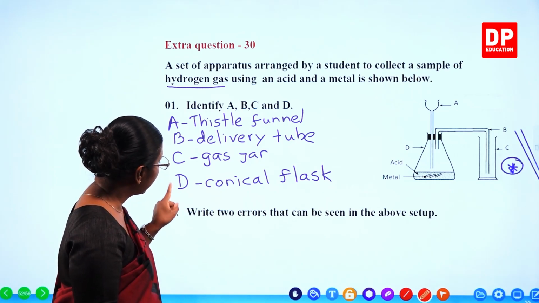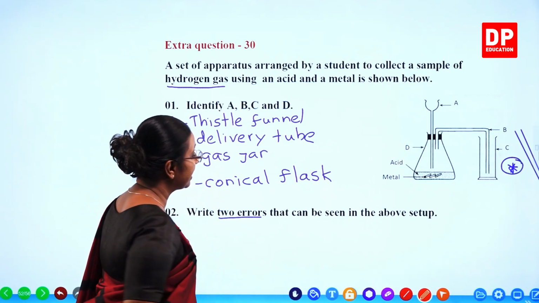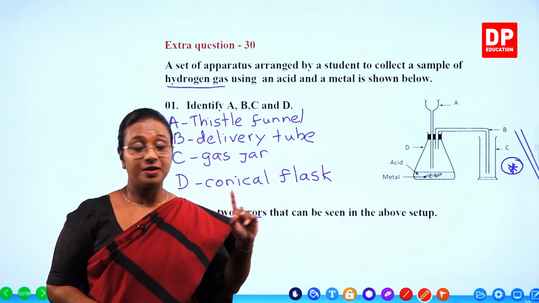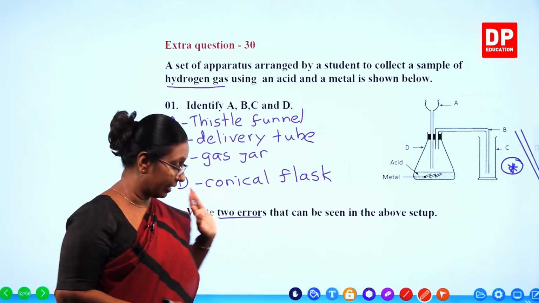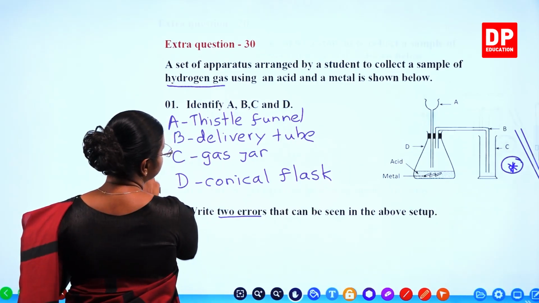So those are the parts or apparatus labeled as A, B, C and D. Then the second one, write 2 errors that can be seen in the above setup. So I already explained the 2 errors. What are they?